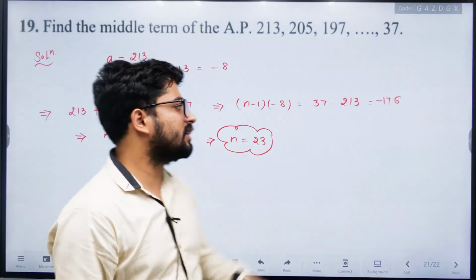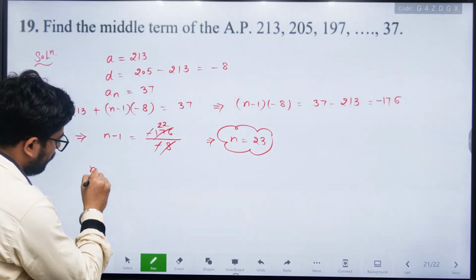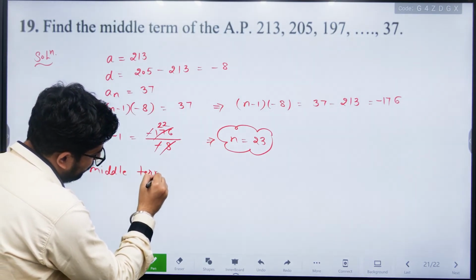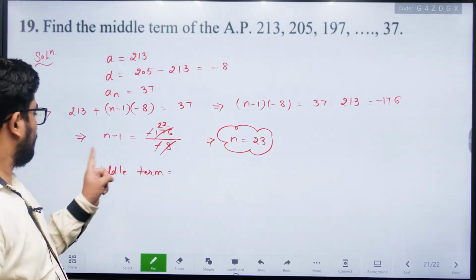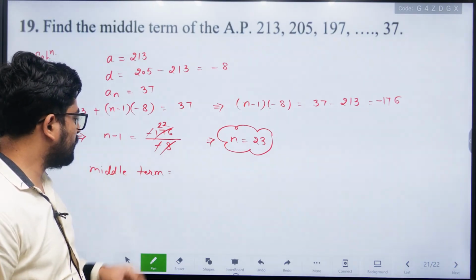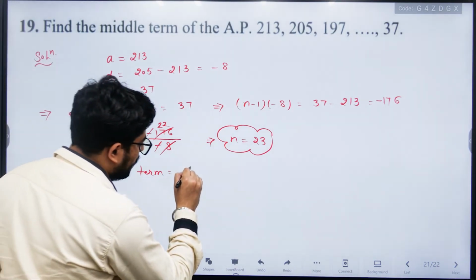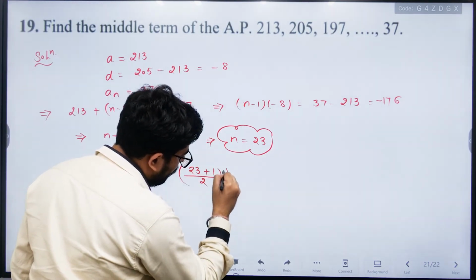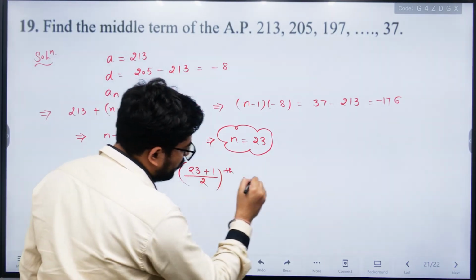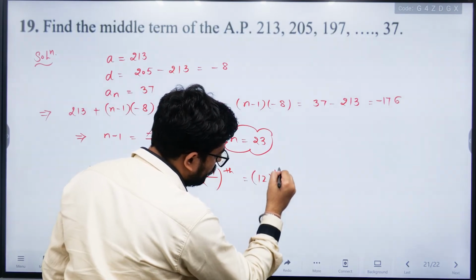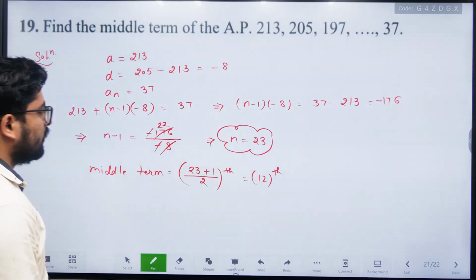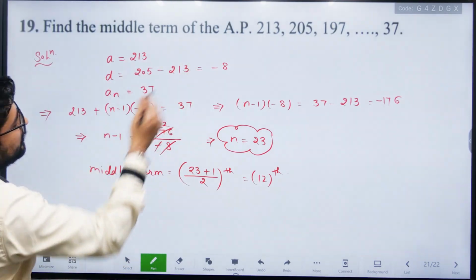So what is the middle term? The middle term is the (23 plus 1) by 2 th term, which is 24 by 2, that's the 12th term. We have to find the middle term.